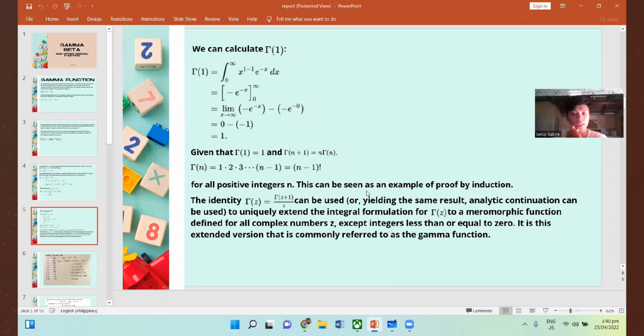This can be seen as an example of proof by induction. We can identify gamma of z is equal to gamma of z plus 1 over z, yielding the same result. Analytic continuation can be used to uniquely extend the integral formulation for gamma of z to meromorphic functions defined for all complex numbers z, except integers less than or equal to 0. It is this extended version that is commonly referred to as the gamma function.